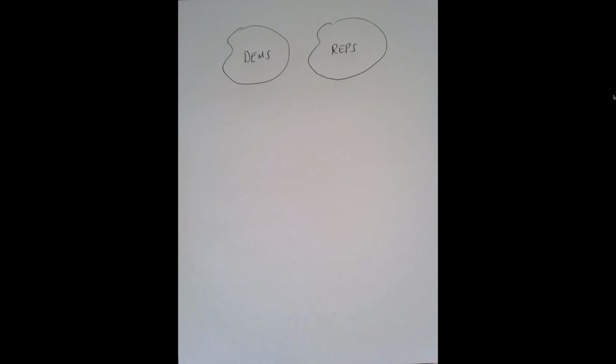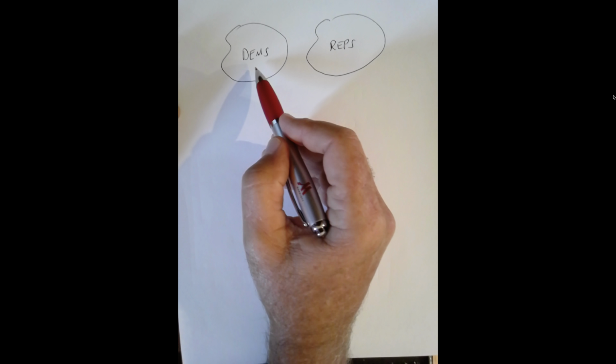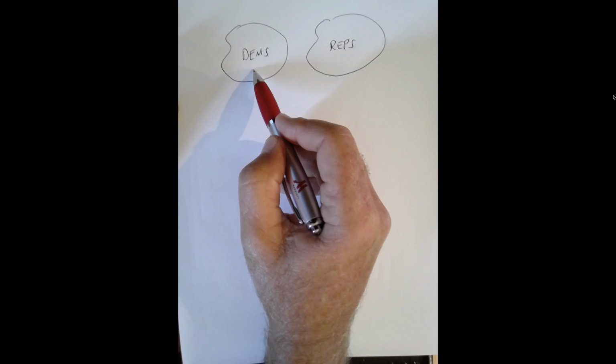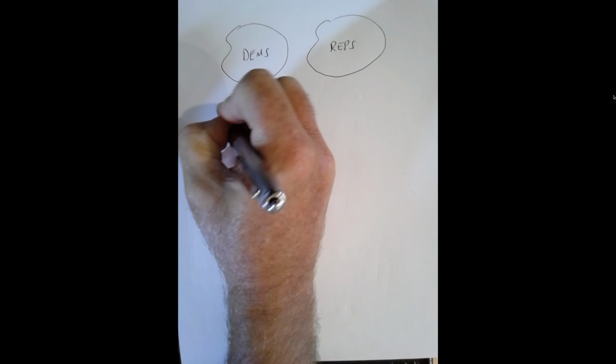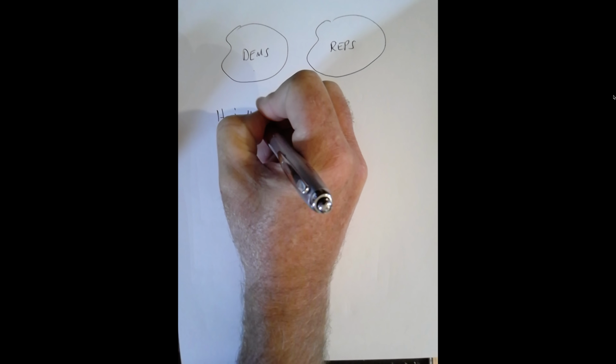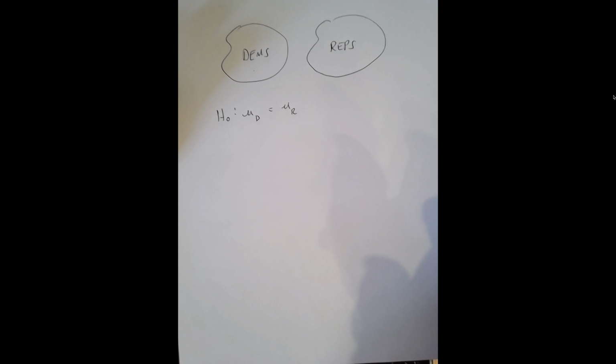Okay, enough about politics. But let's say that someone wants to make a claim that they've come up with some scale, some measurement, and they want to test whether the average for the Democrats and the average for the Republicans is the same. So the H sub O would be the mu for the Democrats is the same as the mu for the Republicans.